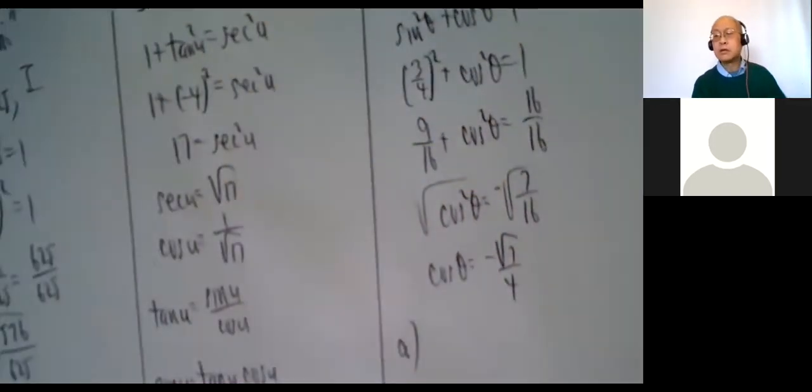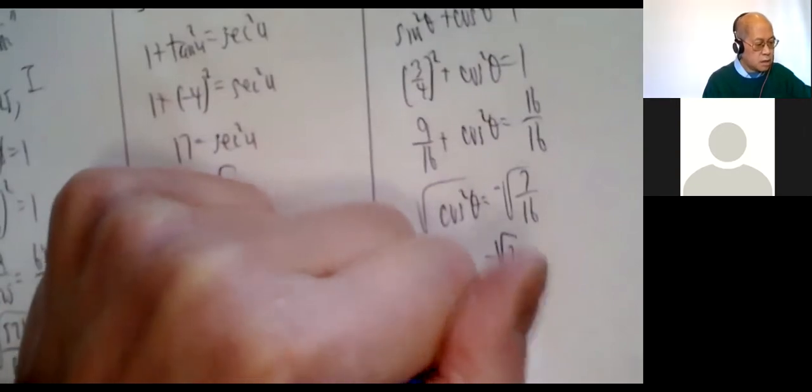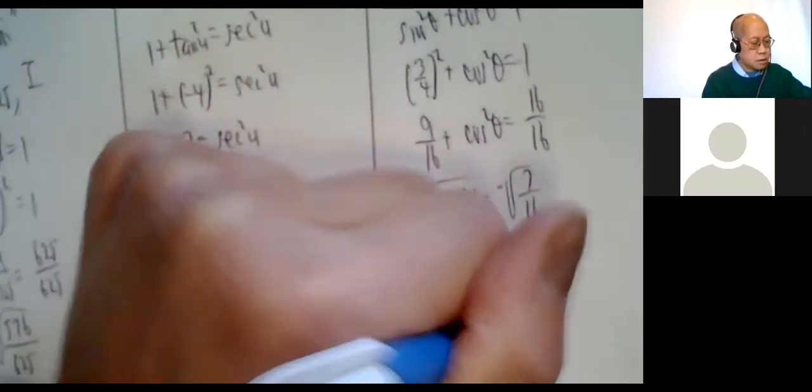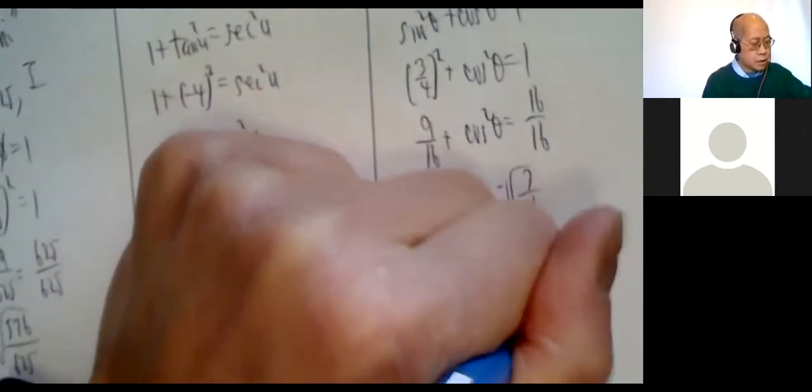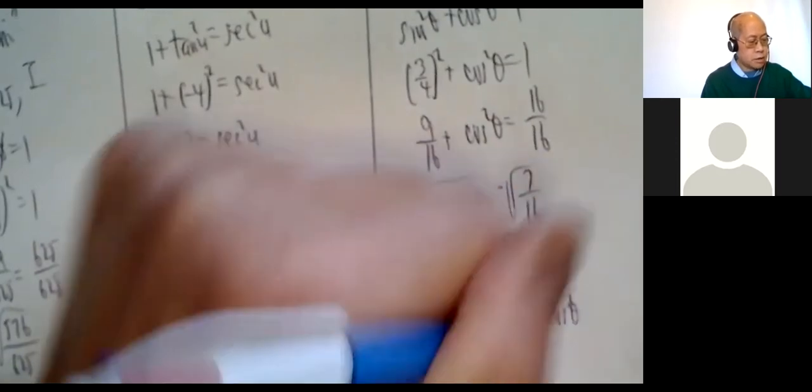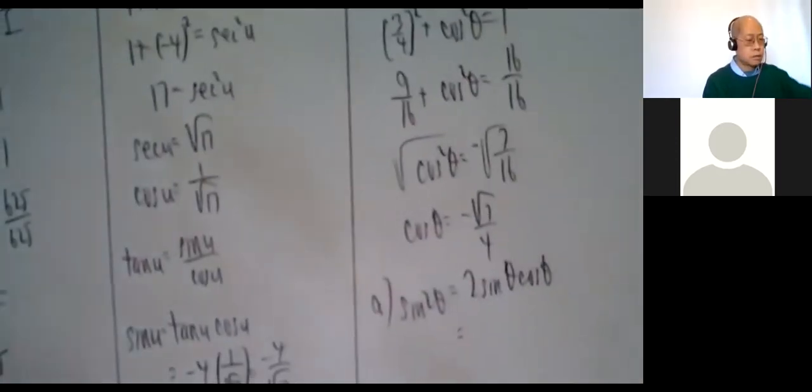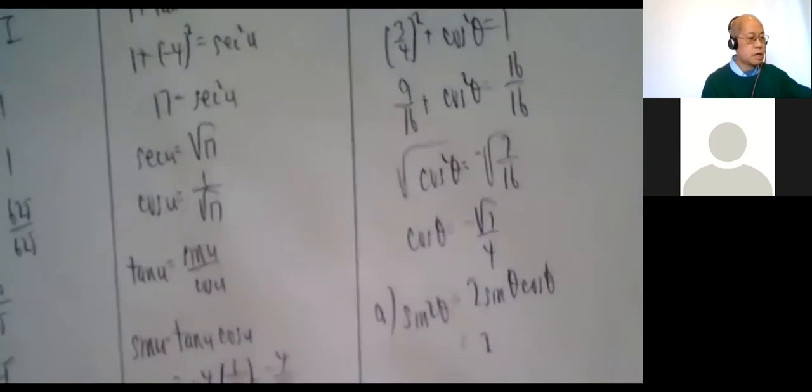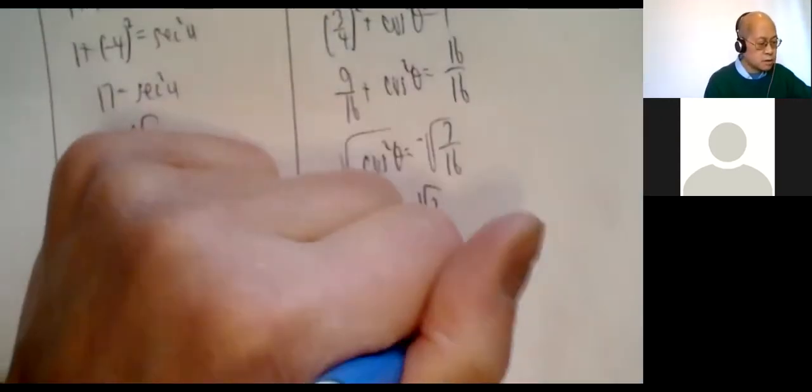All right. So A, as for the sine of 2 theta, by formula, 2 sine theta cosine theta. 2 sine of theta was 3/4.